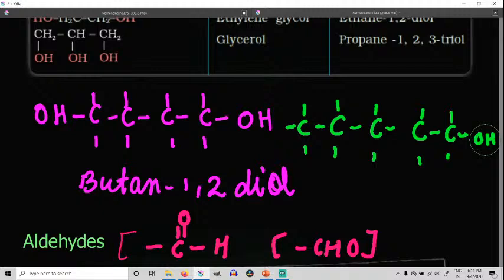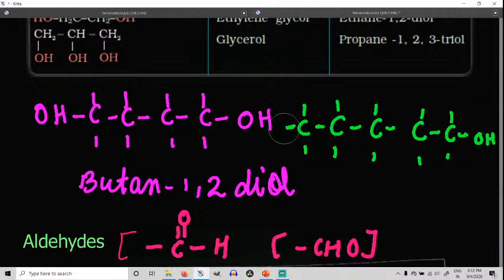Hexanol. Hexanol is the correct answer, but you should write hex-AN-1-ol, because on the first carbon atom OH is attached.